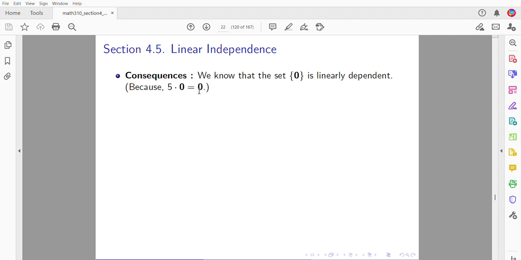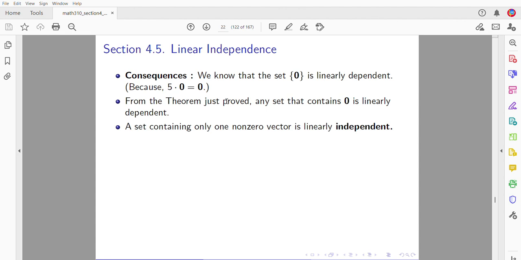So even if you have a non-zero coefficient, the result is the 0 vector, which means the 0 vector by itself is linearly dependent. From the theorem we just proved, if you have a dependent set, then anything bigger than that will be dependent. So any set that contains the 0 vector is linearly dependent.